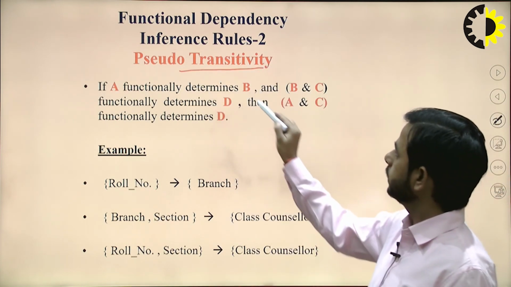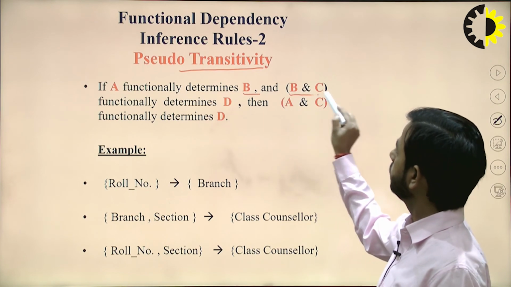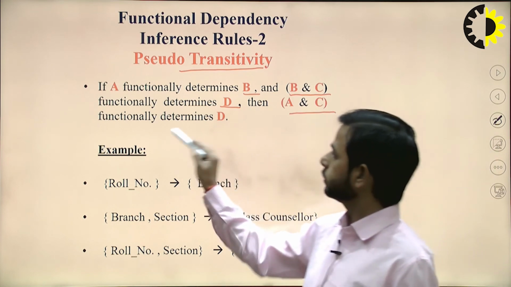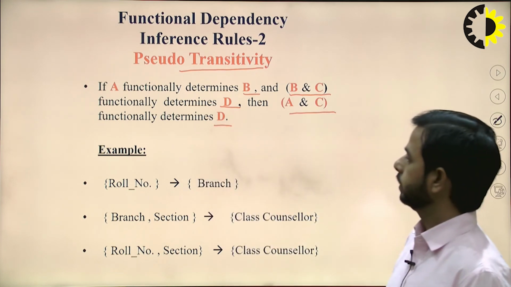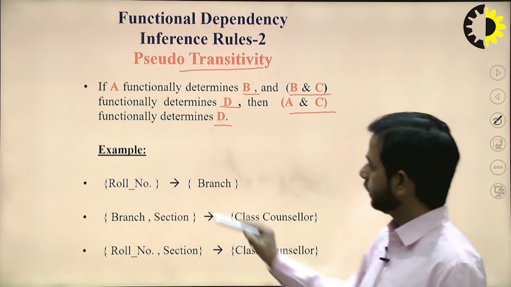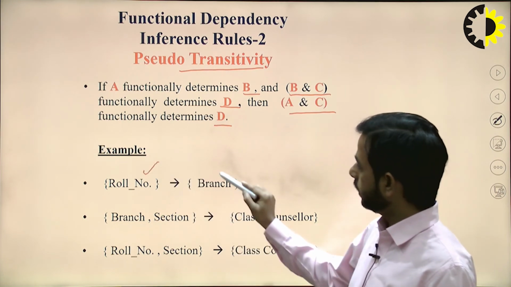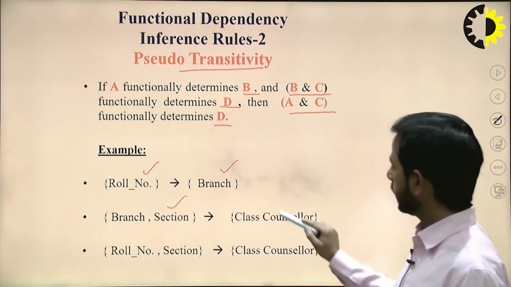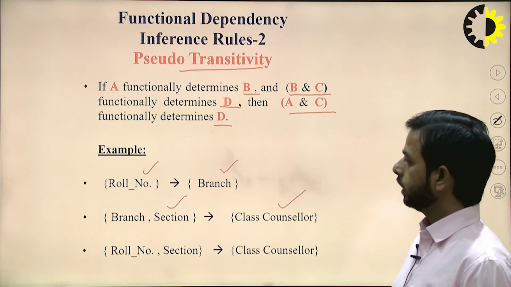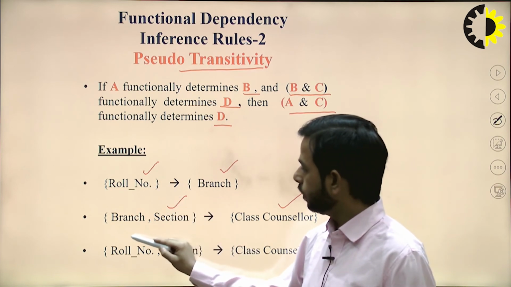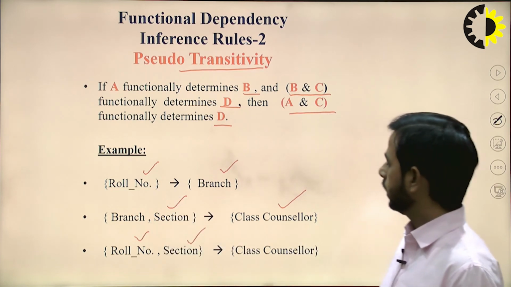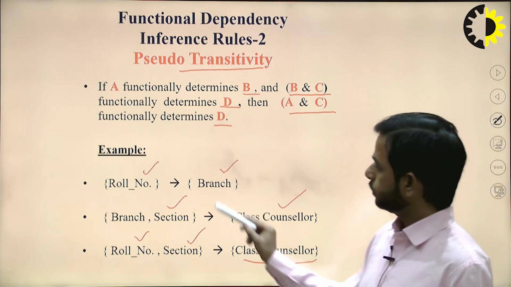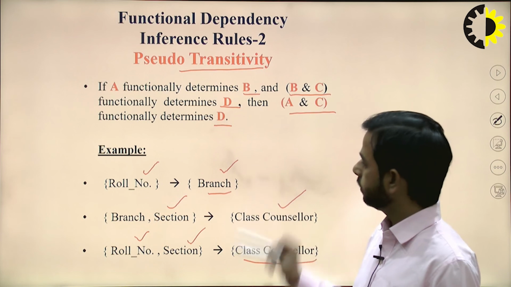So next is pseudo transitivity. If A functionally determines B and B and C functionally determine D, then A and C functionally determine D. So let's take one example. Suppose from roll number I can identify branch, and from branch and section I can identify class counselor. Then from roll number and section I can identify the class counselor, because from roll number I can identify the branch.